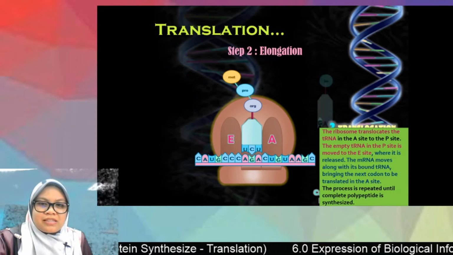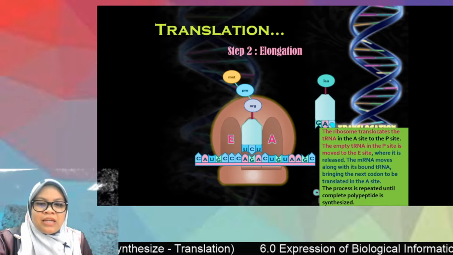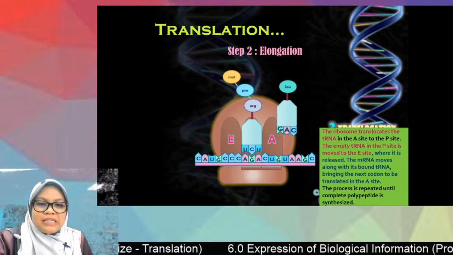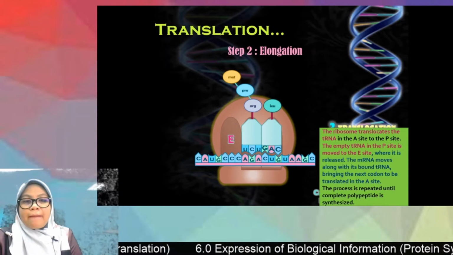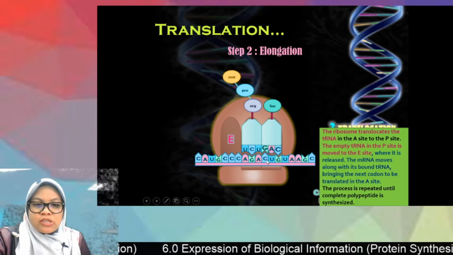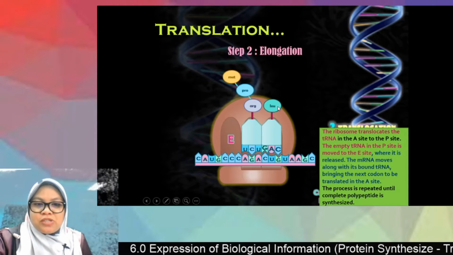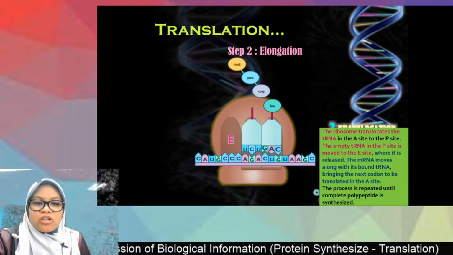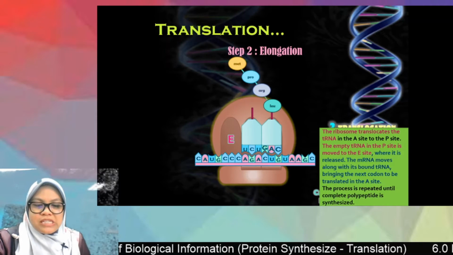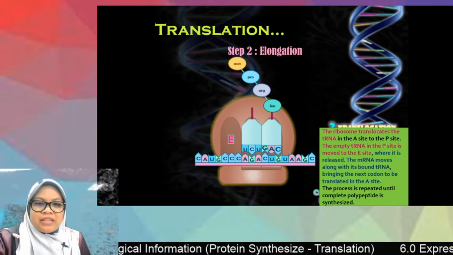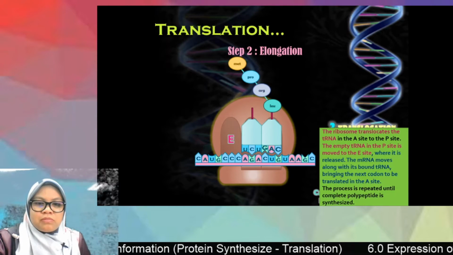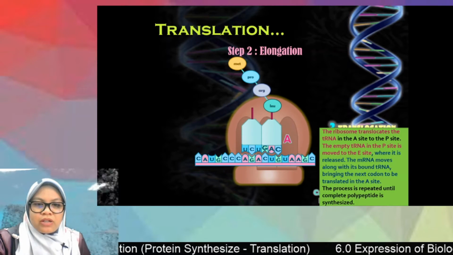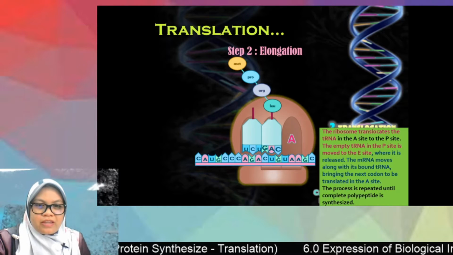So the next coming tRNA must carry anticodon GAC and carry the amino acid coded by CUG, which is leucine. Settle codon recognition, then peptide bond formation between arginine and leucine. The third one is translocation. The ribosomal subunit moves one codon ahead.